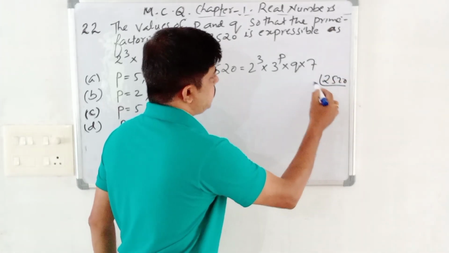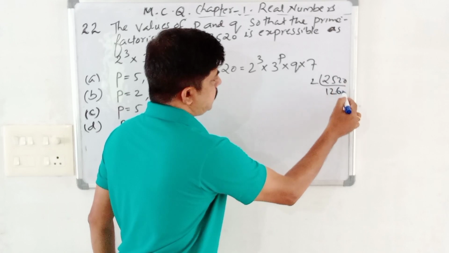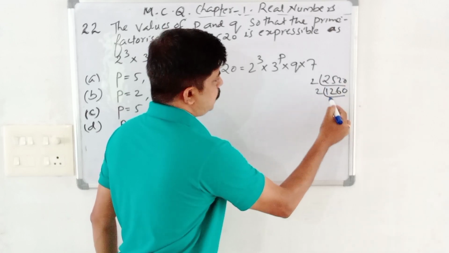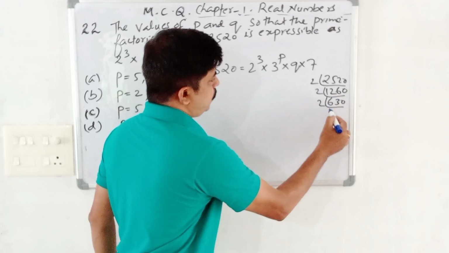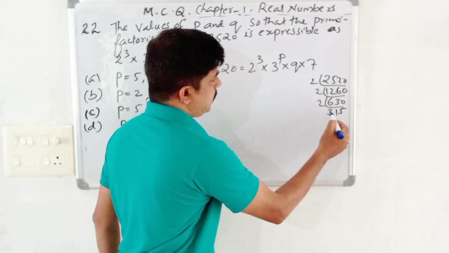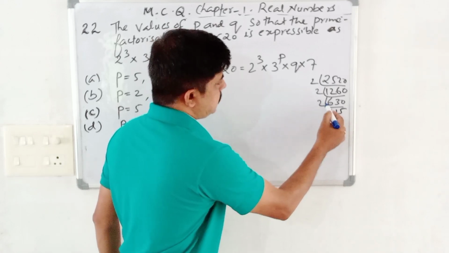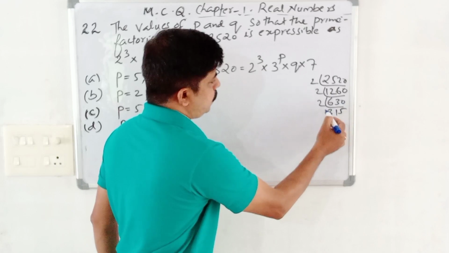2520 we will factorize. 2 1s are 2, 2 2s are 4, 2 6s are 12, 0. 2 6, 2 3s are 6, 2 1 5. Now 2 3s are 6, 2 1s are 2. In 10 we have 2 5 times.